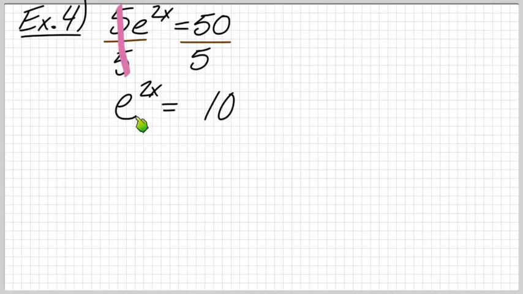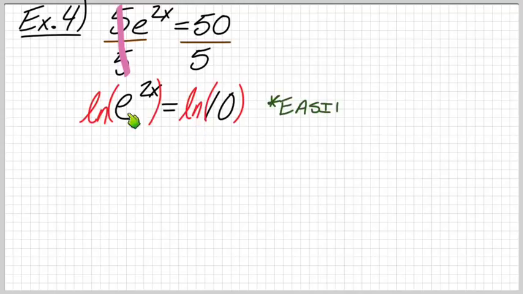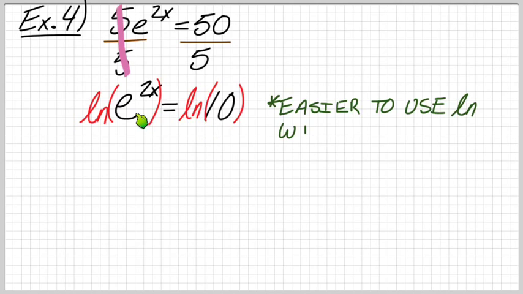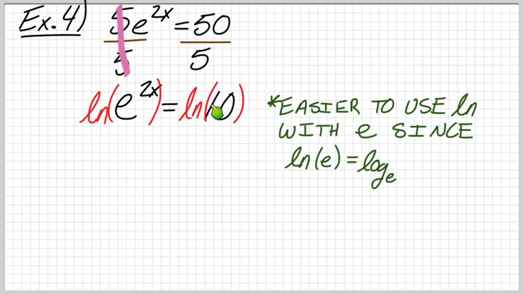So now we just have a base raised to an exponent, and since it's base e, yeah, we're going to take the log of both sides to get to that exponent, but I want to take the natural log. I want to take ln of both sides. Anytime I see an e, it's a lot easier to use natural log. So why do I say that?